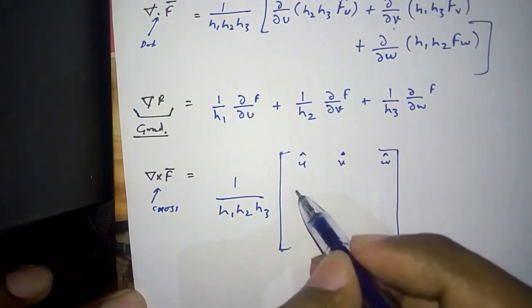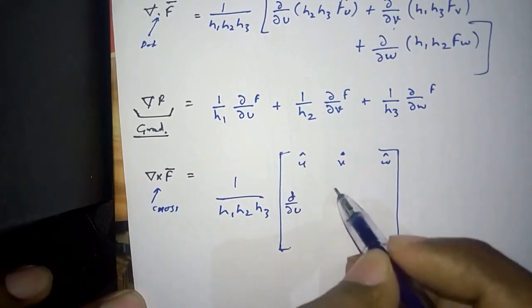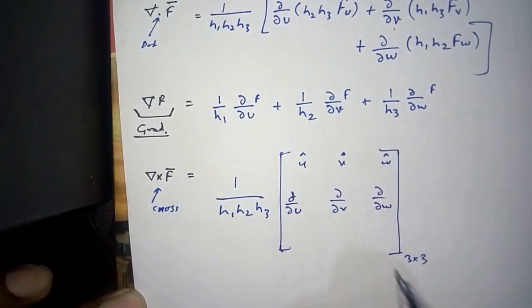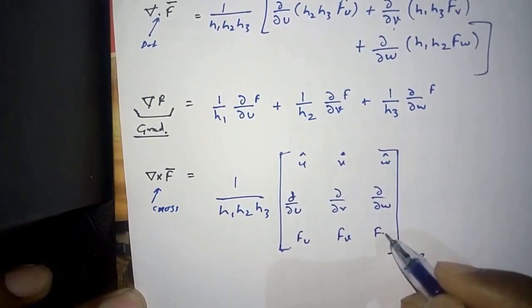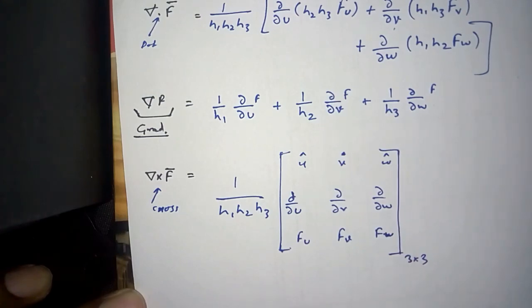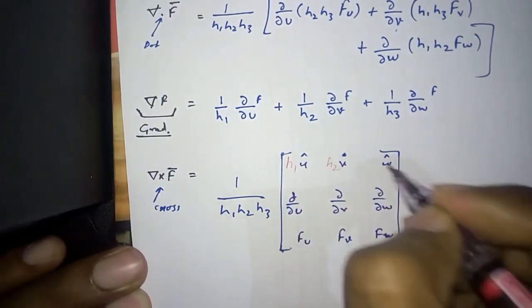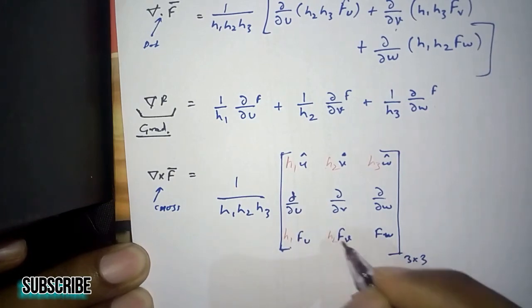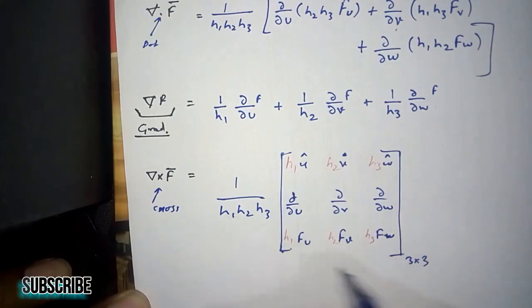Then write d by du, d by dv, d by dw. Then write fu, fv, fw. And then you have to multiply the coefficients here, h1 h2 h3. That's it. This is the formula for curl.